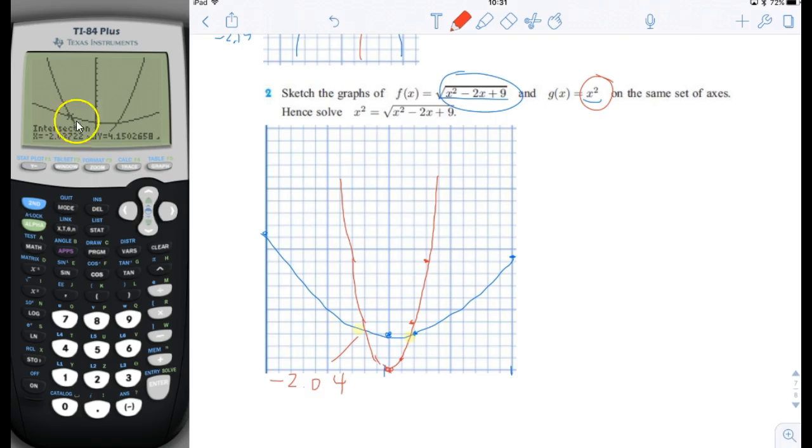Okay, and then we're going to find the other intersection using the exact same procedure, second calc intersect. First curve, yes. Second curve, yes. And then we're going to move the cursor closer to the second intersection. And then we hit enter, and then it gives me 1.71. Okay? So that's it.